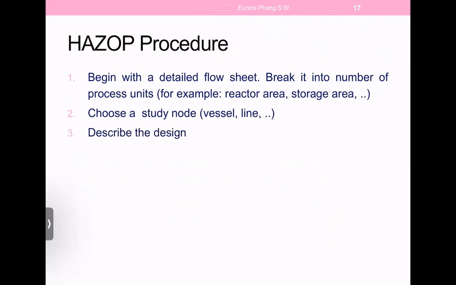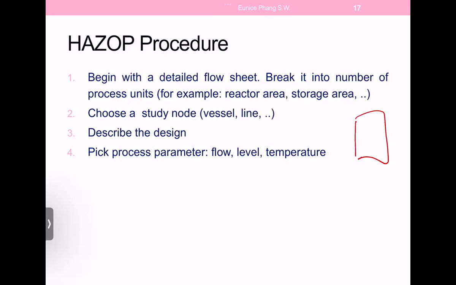Then we talk about the design. We pick your process parameter, like what parameter you want to study. Even in a reactor itself, I'm going to draw a quick, ugly PNID diagram or unit operations diagram.